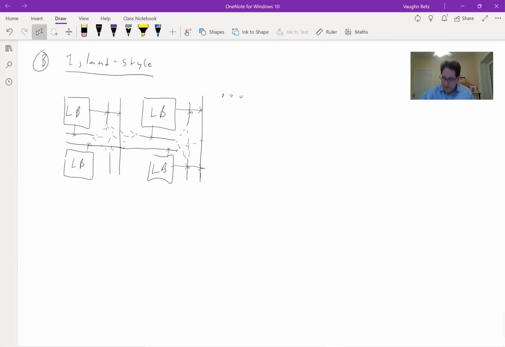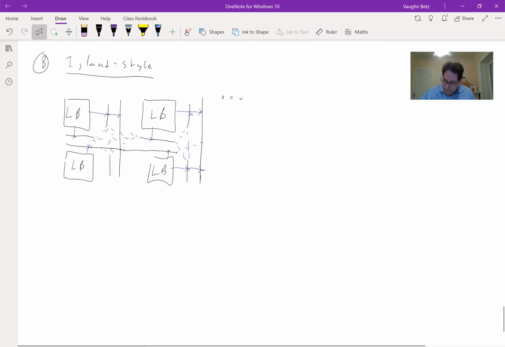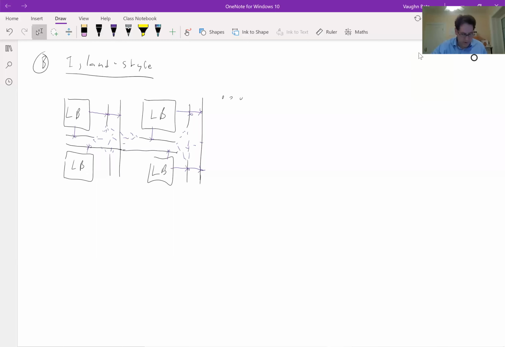So what are some of the important properties of this? We have routing channels that surround logic blocks. A routing channel is basically, that would be a routing channel, and that would be a vertical routing channel. It contains more than one routing wire.